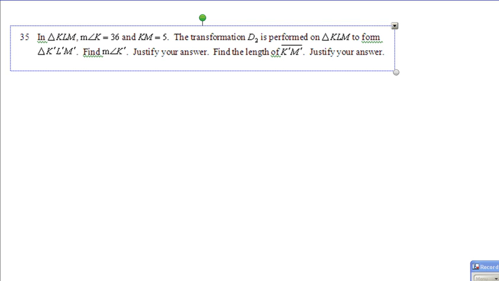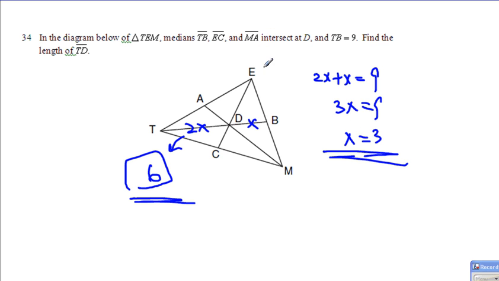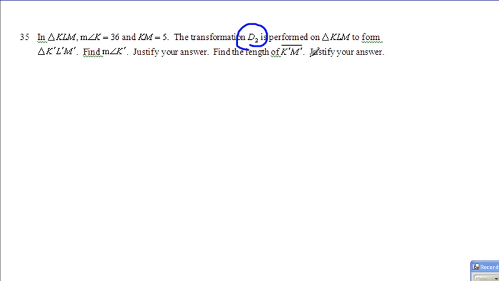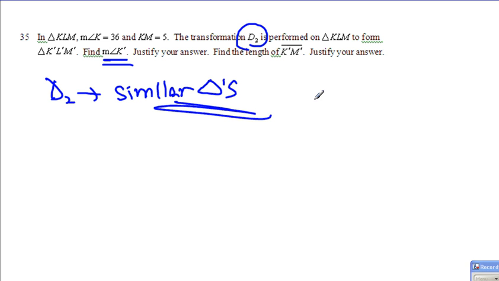Alright, now KM used to be 5 units, but the transformation of D2 is performed, meaning the dilation is performed to form this one. Find the measure of the angle K. Now dilation produces similar triangles. So therefore, angle doesn't change.